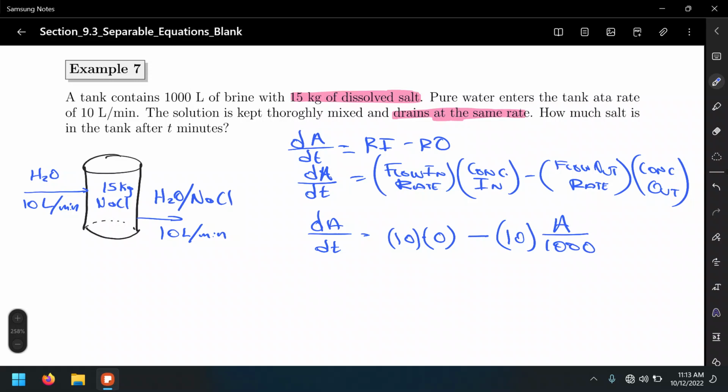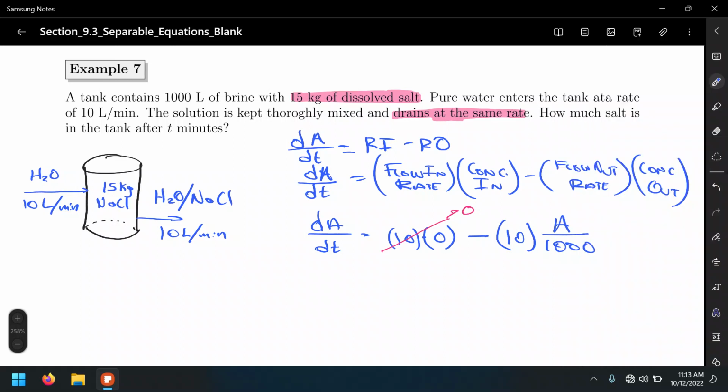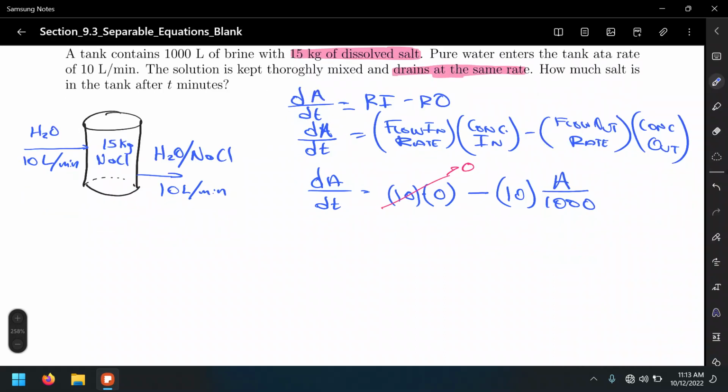All right. So the first term is going to get zeroed out on the right hand side, and this will give us 10 over 1,000. That's going to give us dA/dt equals minus 1 over 100 A. So that's the differential equation we need to solve. Question: why A over 1,000?